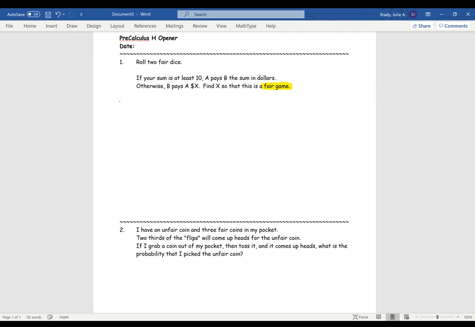Okay, so let's see. So you're going to roll 2 fair dice and you need a sum of at least 10. So you don't always have to make the whole table. Sometimes you can just make parts of it. So you know that you have to get 5s and 6s. And we'll just imagine this part of our 2 dice table.